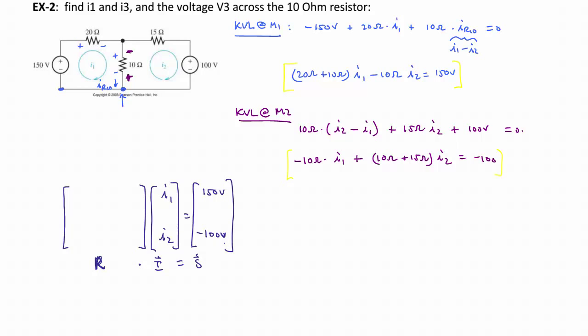Then we have to fill in our coefficients here in the resistance matrix. So I have 30 ohms, and I have minus 10, and I have minus 10, and then 25, and these would be ohms.